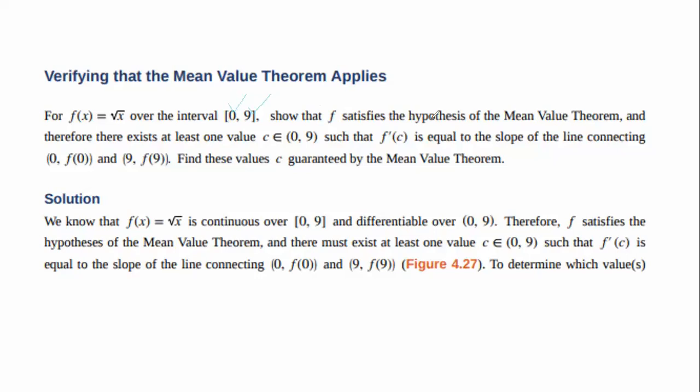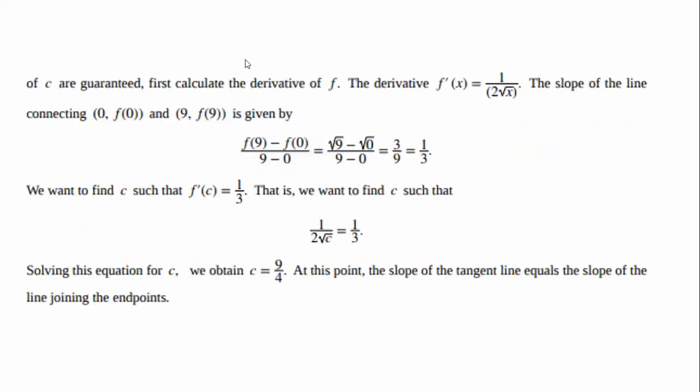So show that f satisfies the hypothesis of the mean value theorem, and therefore there exists at least one value of c within this range 0 and 9, where the derivative equals the slope of the line connecting 0 with 9. Okay, so first I have to find the derivative of f(x) equals under root x.